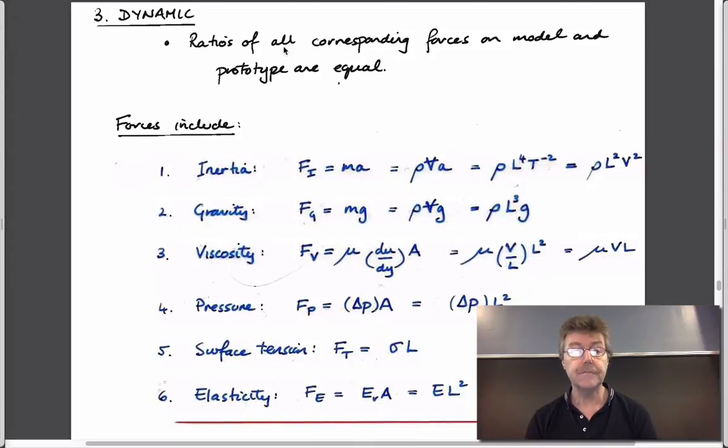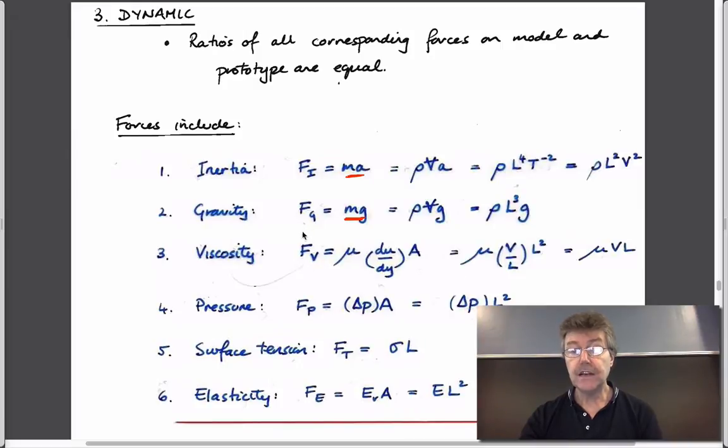And so the other way to look at this is, instead of using Bernoulli's equation, just look at what the magnitudes of the forces would be in any of these terms. So we know that the inertial force is mass times acceleration. We know that the weight due to gravity is equal to the mass times gravitational acceleration.